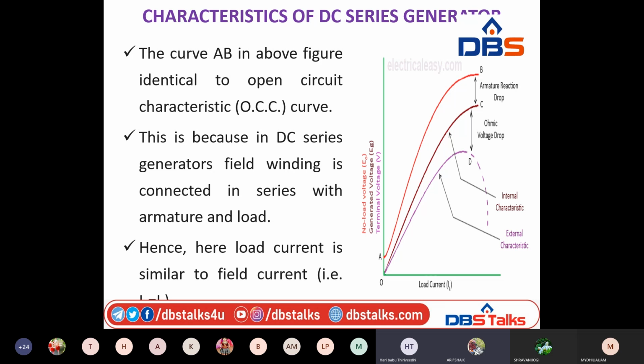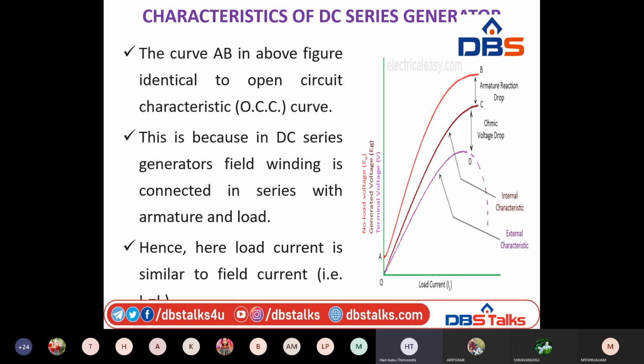In the shunt generator, from the rated voltage it reduces, but the series generator starts from the origin because of series current. All currents are the same, so series current is directly proportional to flux, hence induced EMF also increases. Thus the characteristic is of an increasing nature, whereas the shunt generator has a decreasing or drooping characteristic. But the series generator has an increasing or rising characteristic.